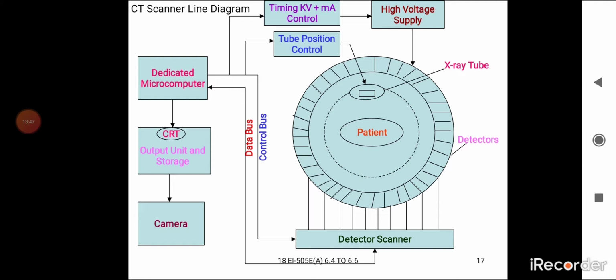The X-ray tube is mounted on the gantry, which is rotatable, and 1000 detectors are arranged around the gantry. The detectors are connected to the detector scanner, which is monitored and controlled by the dedicated computer through the data bus.